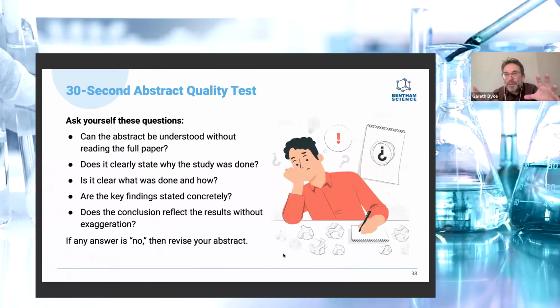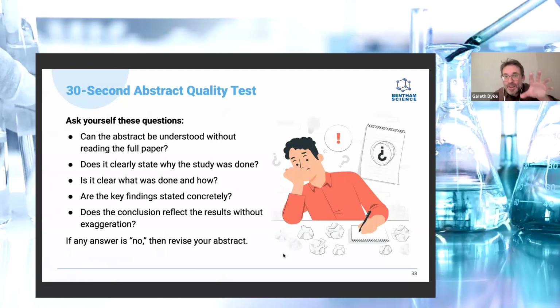So ask yourself this quick 30-second abstract quality check test before you make your article submission. Can my abstract be understood without reading the full paper? If not, rewrite. Does it clearly state why the study was done? The first of our four questions. If not, rewrite. Is it clear what was done and how? The second and third of our four questions.